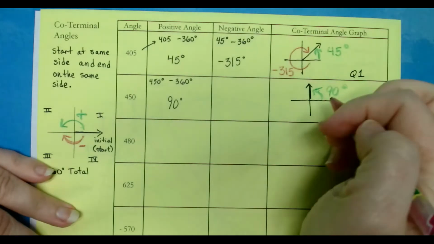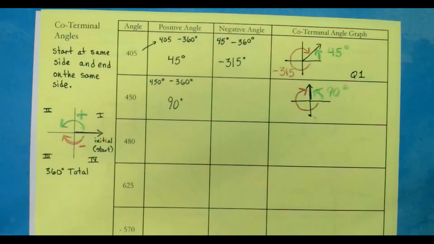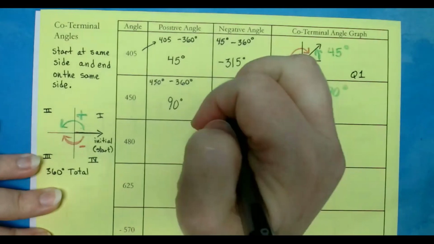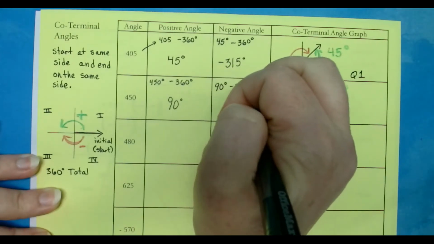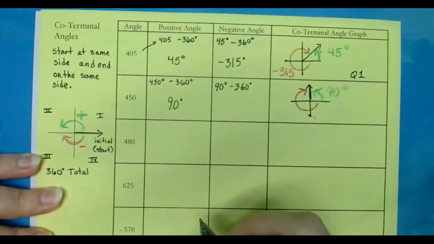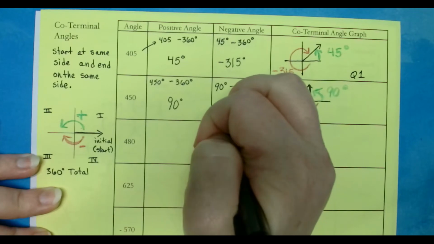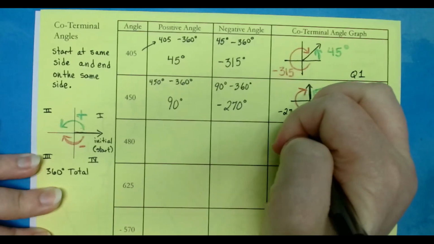But now we need to find the negative coterminal angle. So my positive coterminal angle would be 90 degrees. That's where it's at. And then we're going to take that 90 degrees and subtract 360 again. And we get 270, and remember, it's negative. So this would be negative 270 degrees.